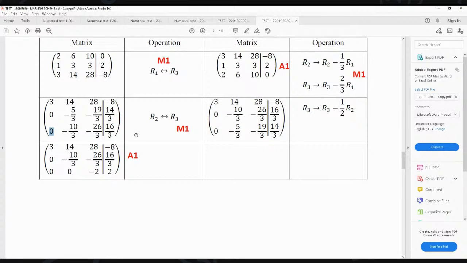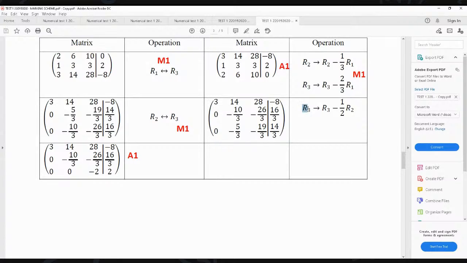Next, change row 3 and row 2 because the absolute value of 10/3 is much greater than the absolute value of 5/3. After changing, you want to make negative 5/3 zero, that is, you want to make a32 zero.